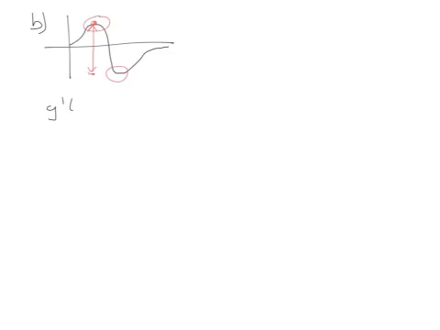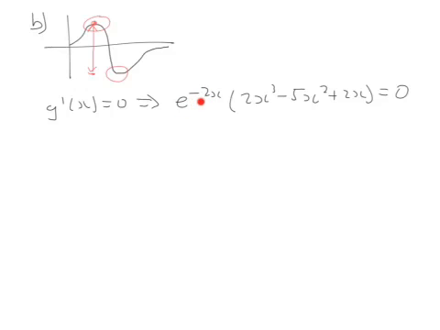So g dashed x equals 0 means that e to the minus 2x multiplied by 2x cubed minus 5x squared plus 2x equals 0. Now e to the minus 2x can't equal 0, so we're left with 2x cubed minus 5x squared plus 2x equals 0.